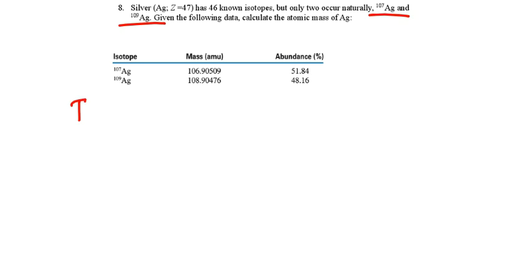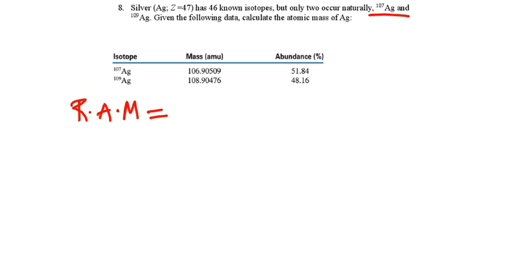So the relative atomic mass of any given element, the way I usually approach this is on the periodic table. If you check the periodic table, you're going to find that there's only one value for the molar mass of silver, because you can't put all the isotopes there. That periodic table would just be too huge to put on paper to become a book.